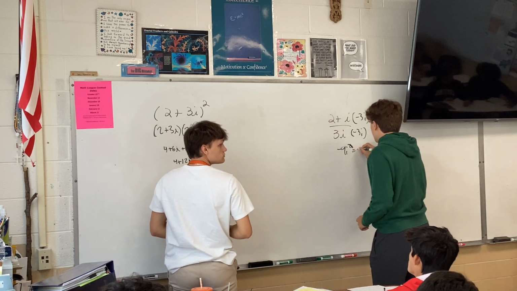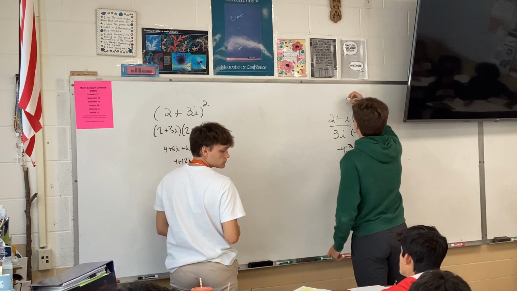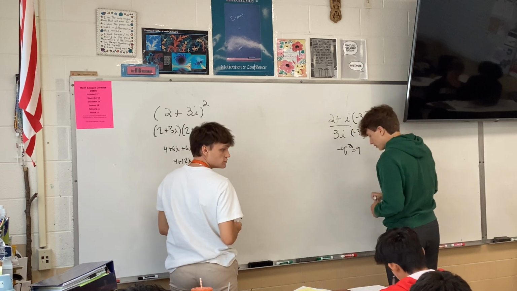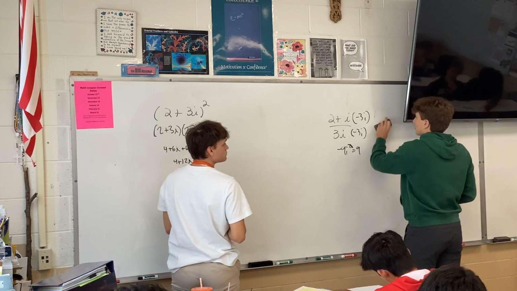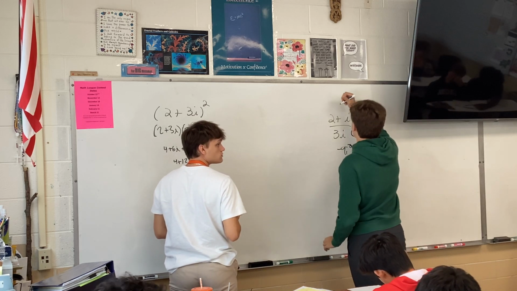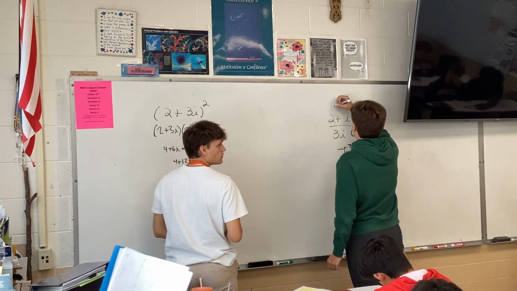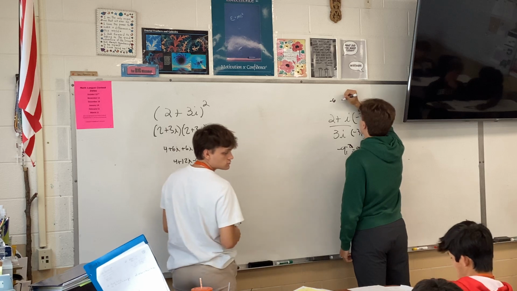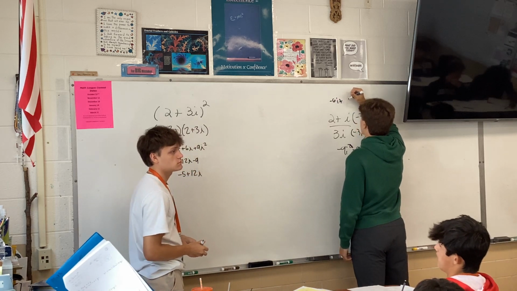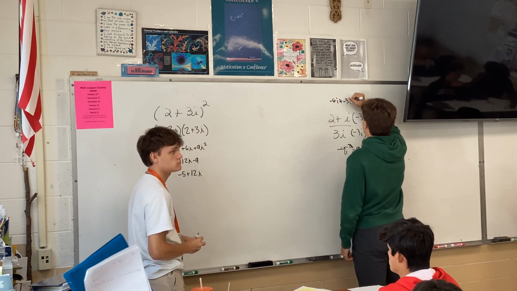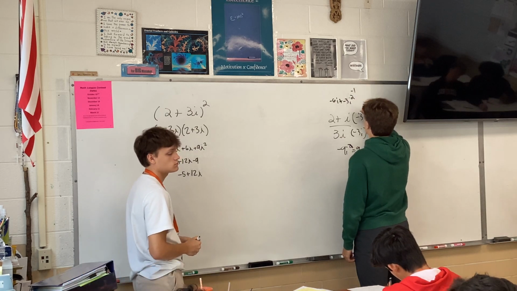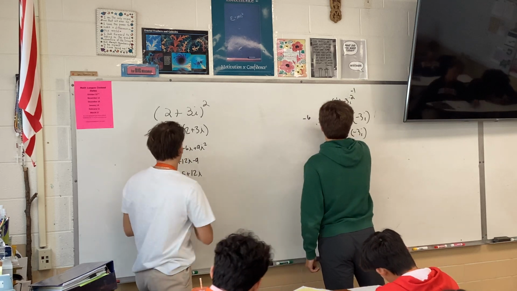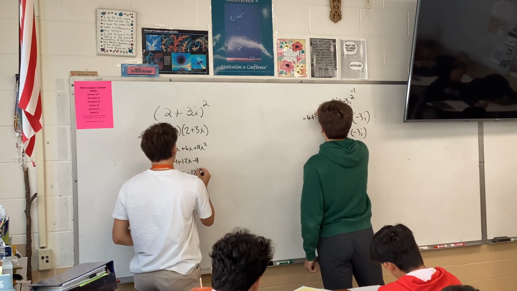Cut all of them by 3. There's an IEP. Yeah, it's negative 5 times.